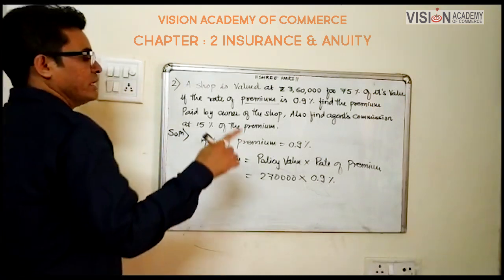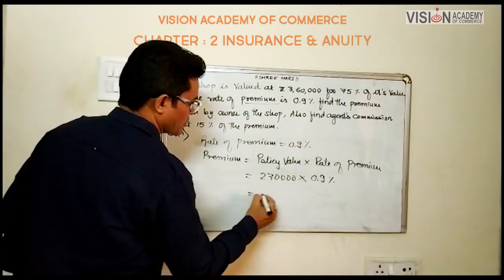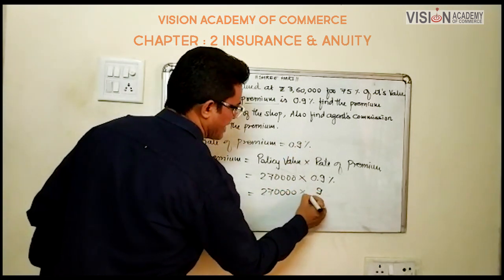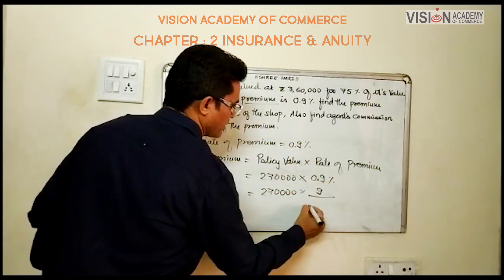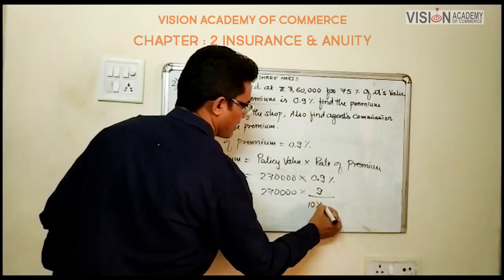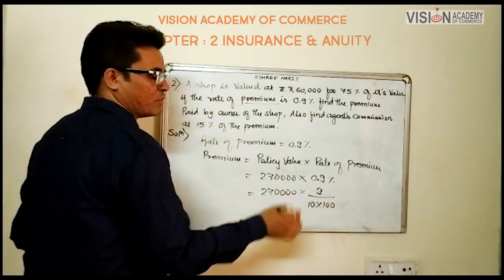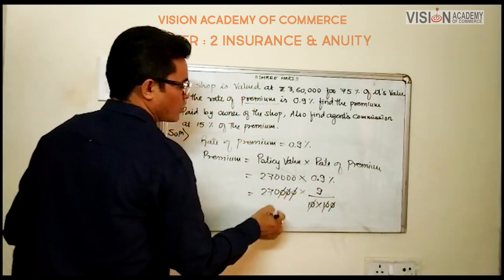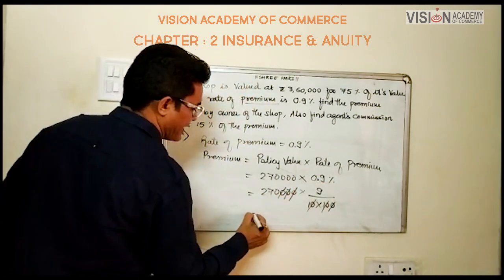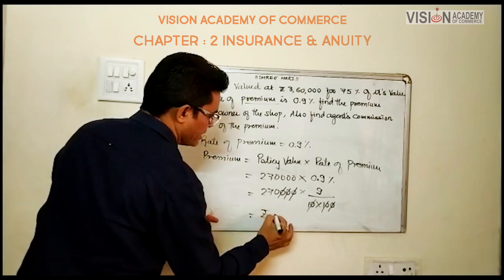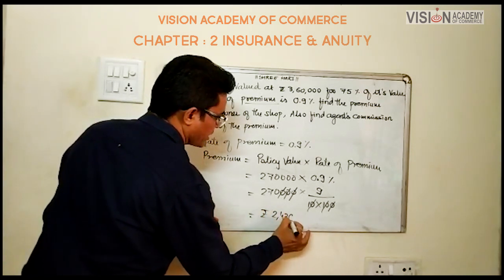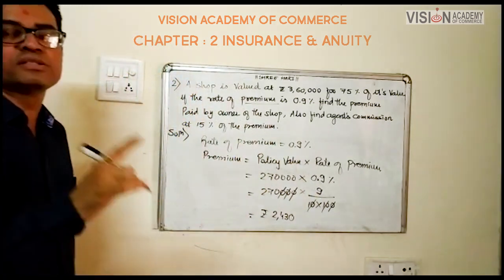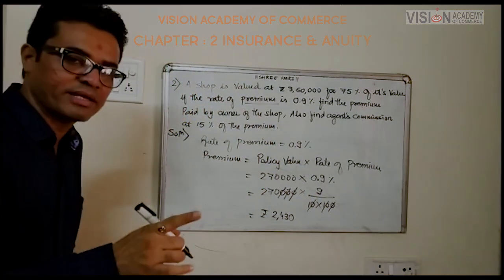So 2,70,000 into 9 upon 10 for the decimal part and 100 for the percentage. So 270 into 9 comes to rupees 2,430. So your premium amount is rupees 2,430.